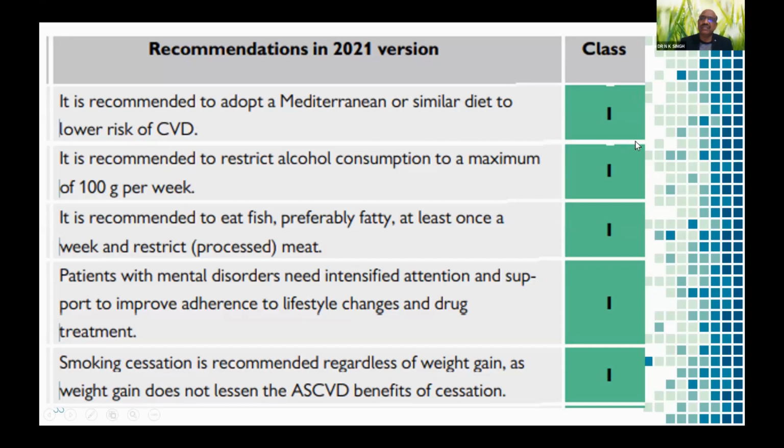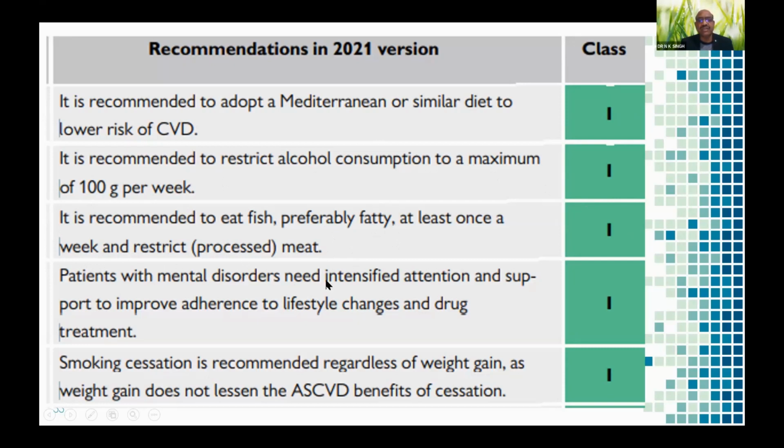You can see that this is a very good class 1 recommendation. It is recommended to restrict alcohol to a maximum of 100 grams per week. These are very important, all class 1 recommendations: eat fish, preferably fatty, at least once a week, and restrict processed meat.